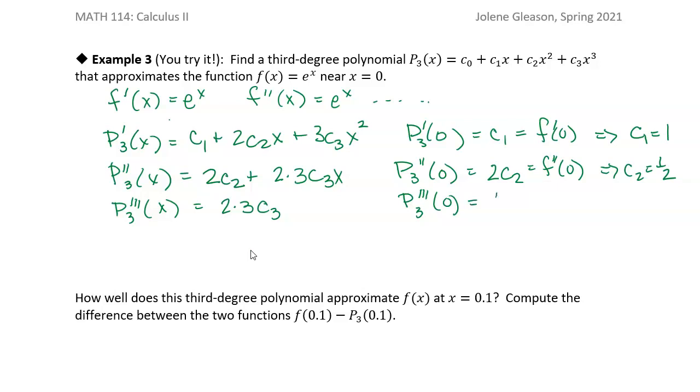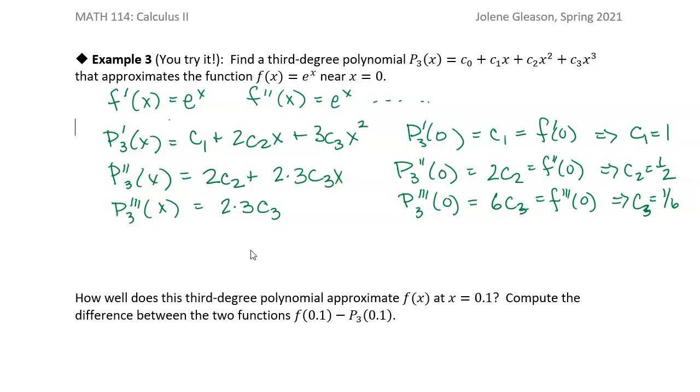So I'm going to write it as 6c3 is equal to the third derivative of e to the x at 0, which is 1. So c3 is equal to 1/6. Now we have our coefficients. Oops, that should be c3, right? c3.